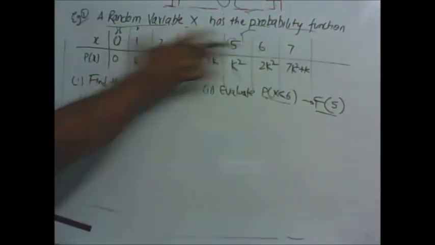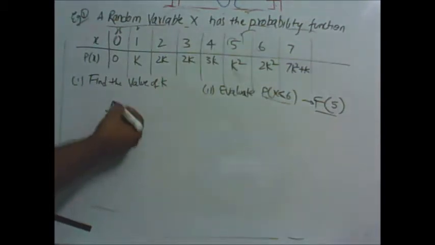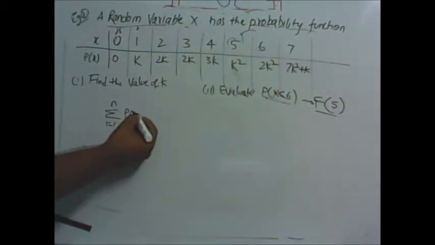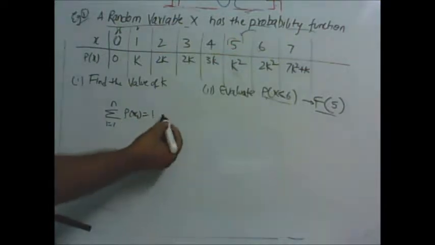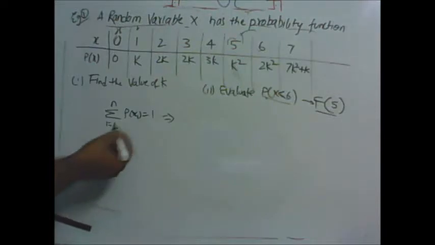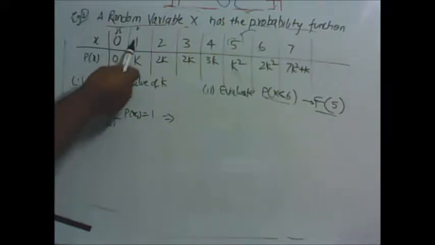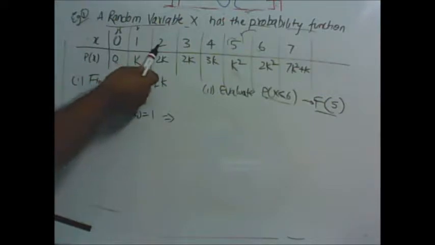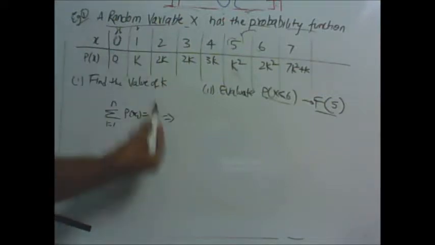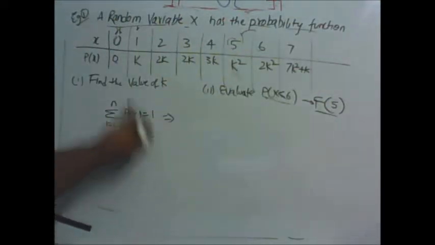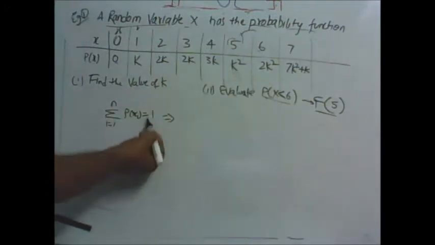Sigma i equal to 1 to n of p of x equal to xi is 1. We already know it. This implies p of x1, where x1 is 0, x2 is 1, and x3 is 2. So the summation of all these probabilities must be 1.